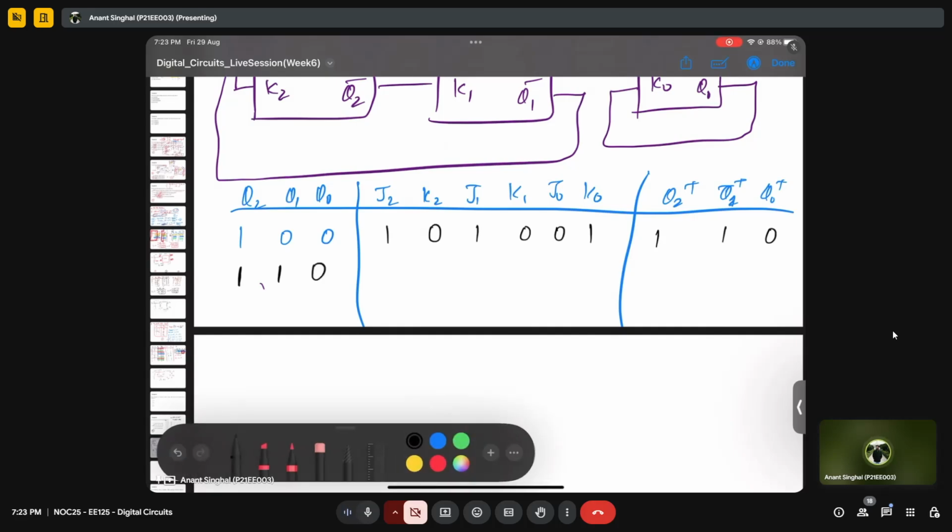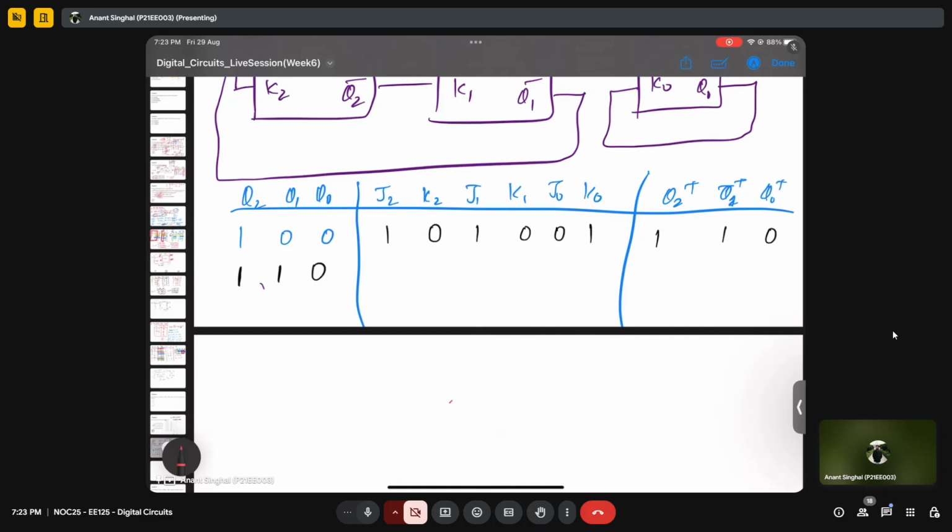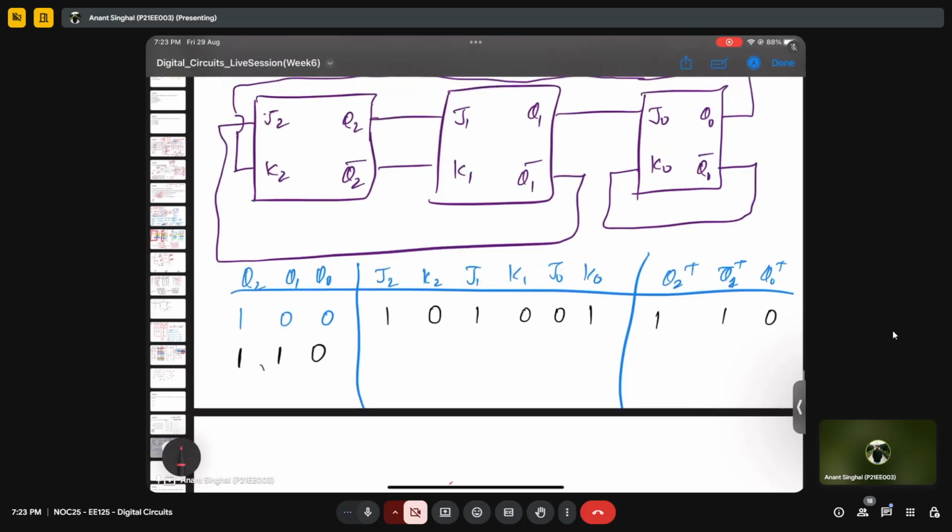Now we'll do the same thing again. Okay, let me write those things again. Sorry for the glitch. This is Q1 bar, this is Q0, this is Q2, this is Q2 bar, this is Q1, and this is Q0 bar.